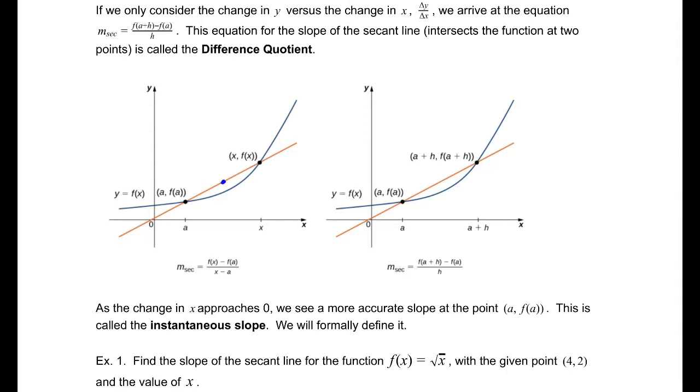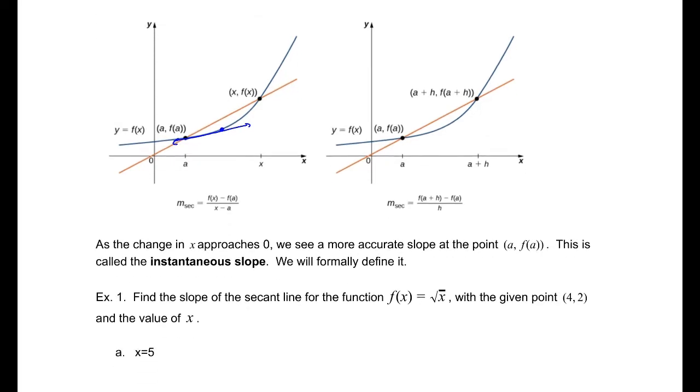If I put a point right here, the slope of that secant line is a little bit closer to what's happening on the graph itself. As I get closer and closer to a, we have something we're going to call the instantaneous slope, and the formal definition will be forthcoming.